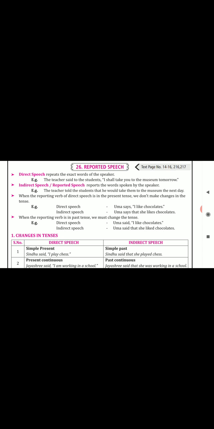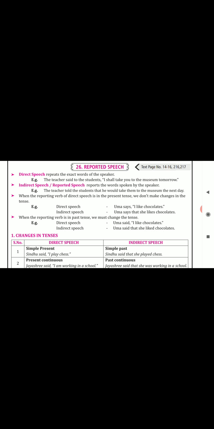In this sentence, "the teacher said to the students," with the comma, is called the reporting part. "I shall take you to the museum tomorrow" is the reported part.